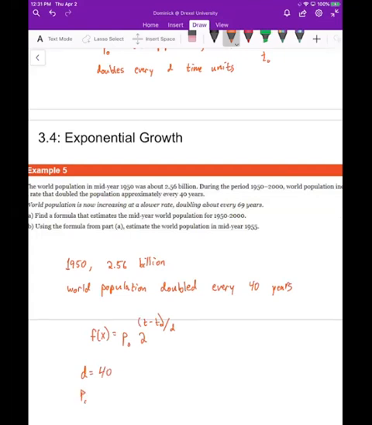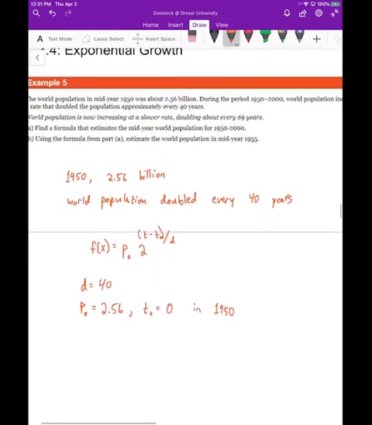Our initial population that we're working with is 2.56. And to make things easier, we'll set T0 equal to 0 in 1950, just so that we don't have to use T0 as something like 1950. So we're just going to sort of realign this to make it a little bit easier.